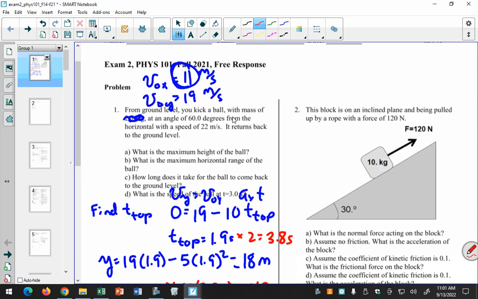But I could also say that at the end, the velocity is the square root of 11 squared plus 19 squared. I mean, that is equal to 22, right? Because those are the x and y components. So if this is my projectile, at the end, I have a velocity that's like that and like that, but they combine to give me a resultant velocity.